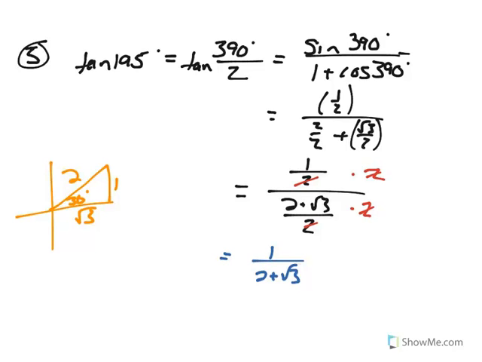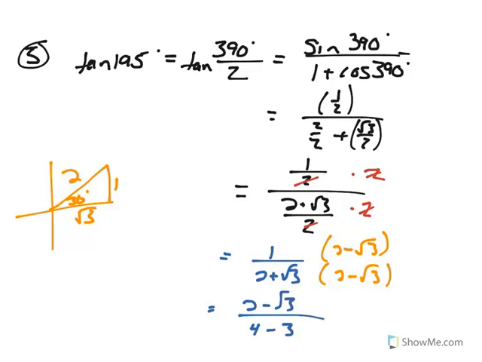We need to rationalize the denominator. To do so, we're going to multiply the top and bottom of the fraction by the conjugate of the denominator. It's going to give us 2 minus the square root of 3 over... When you multiply two conjugates together, you get the first term squared minus the last term squared.